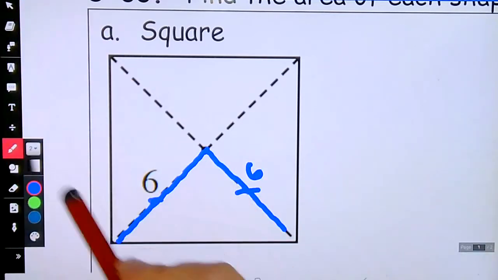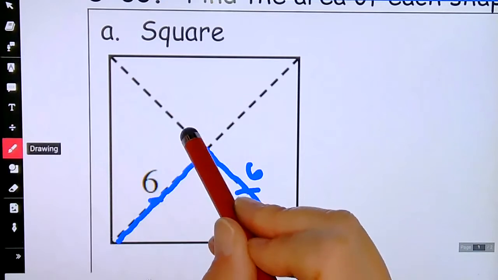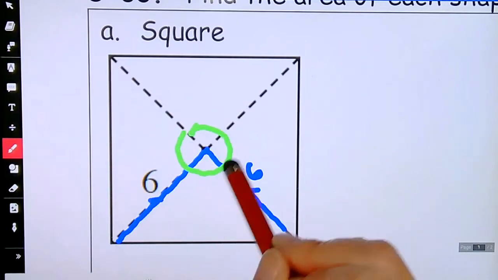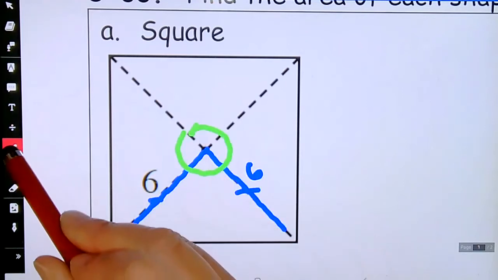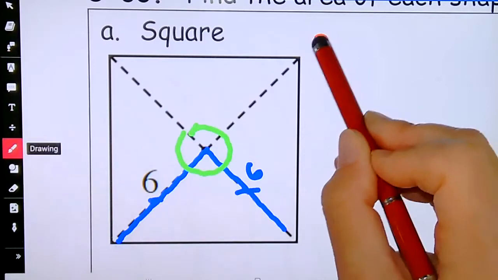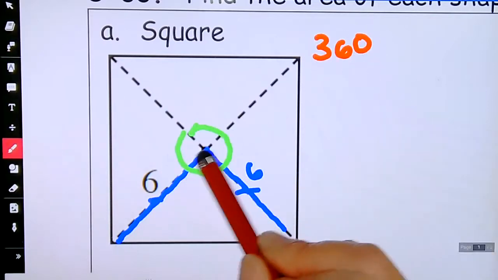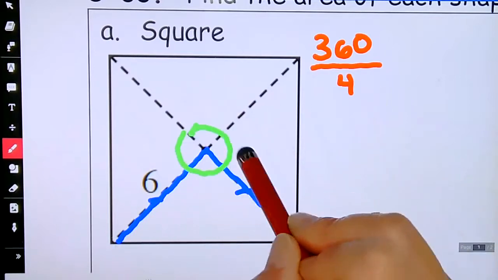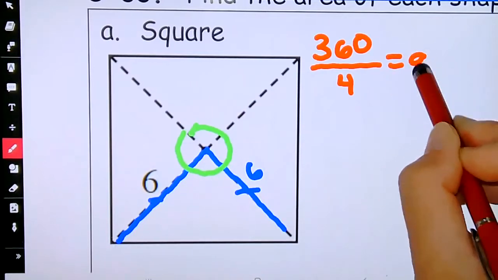Now, in terms of figuring out this middle angle, if I go all the way around these central angles, it has to add to 360 degrees. So I am going to take 360 degrees, which is all the way around, and divide it by how many equal angles I have here, which are 4. And so that's going to be 90 degrees.